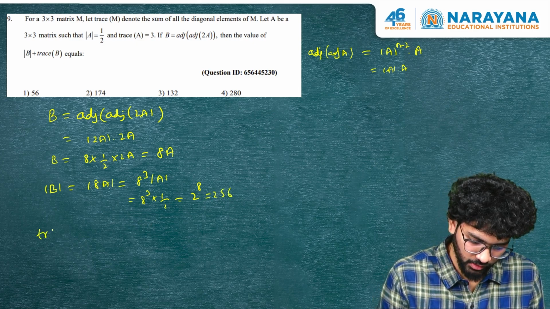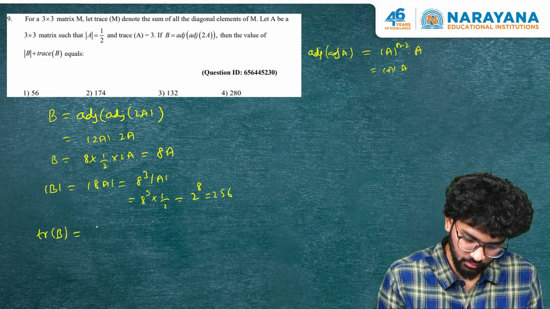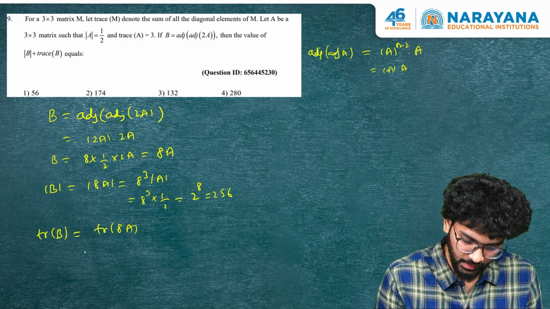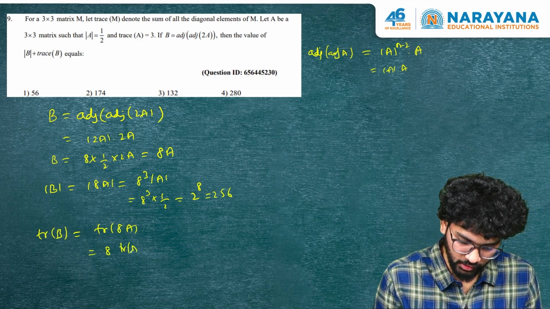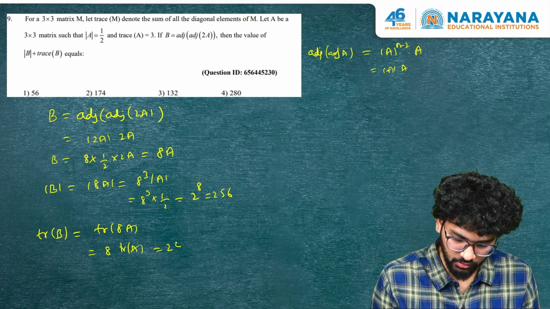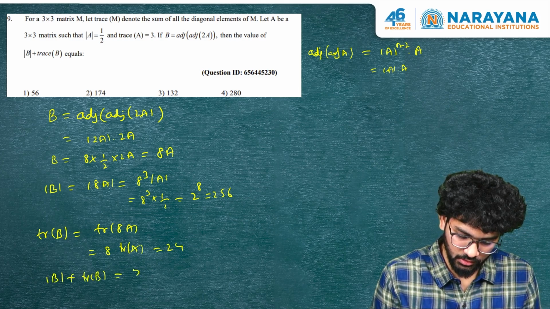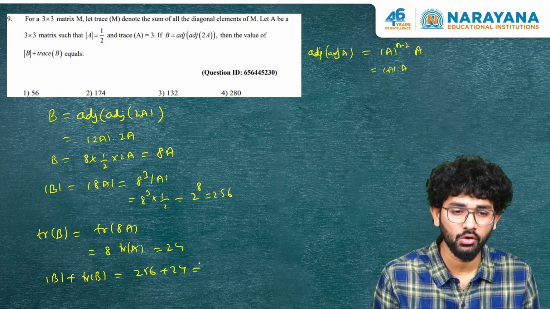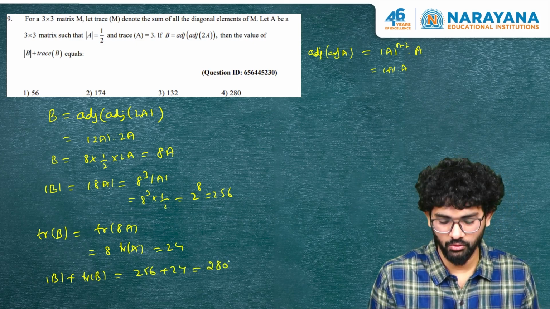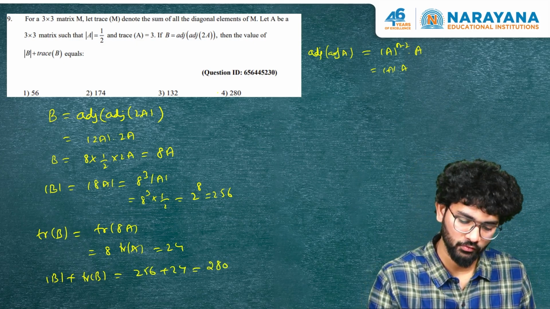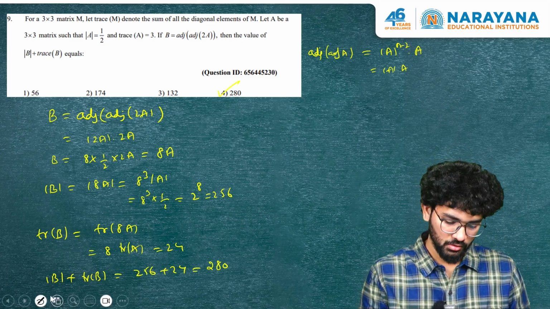Now trace of B is nothing but trace of 8A, which will be 8 times trace of A. Trace of A is 3, which is 24. Now det B plus trace of B is equal to 256 plus 24, which will be equal to 280. So option 4.